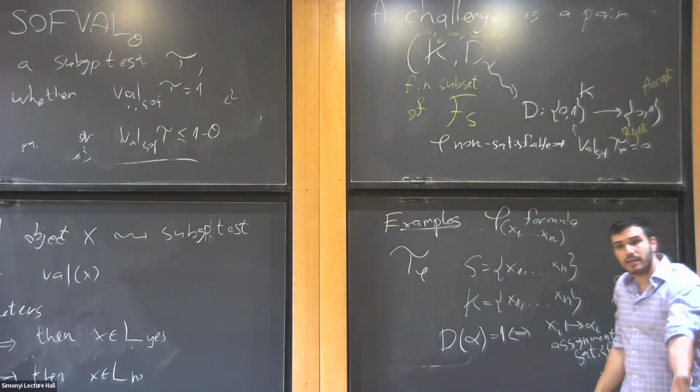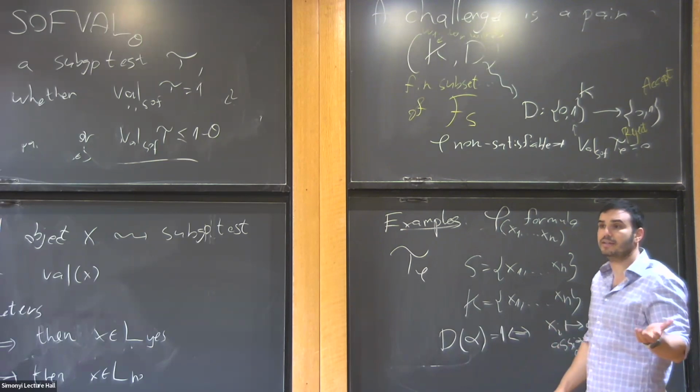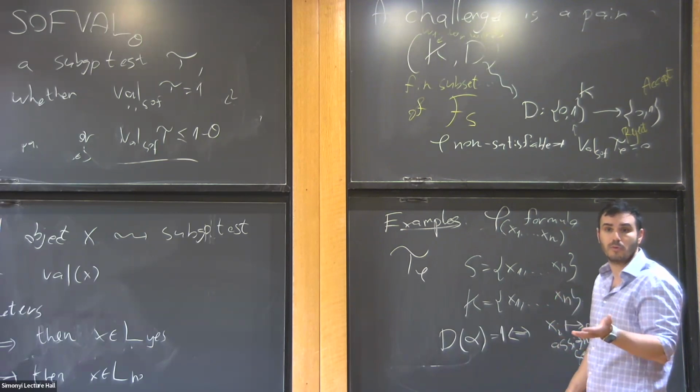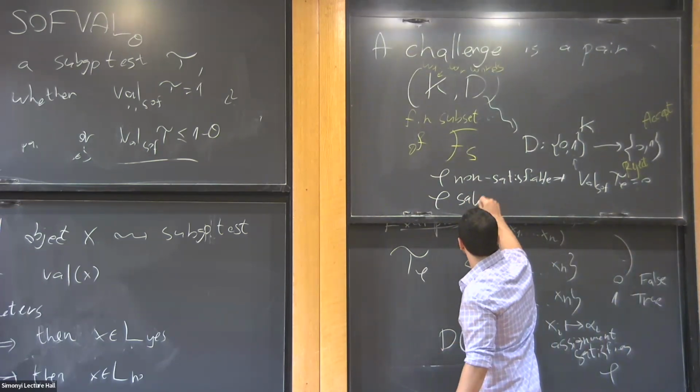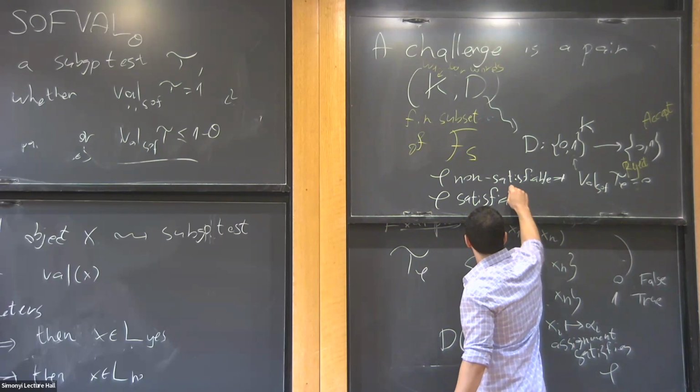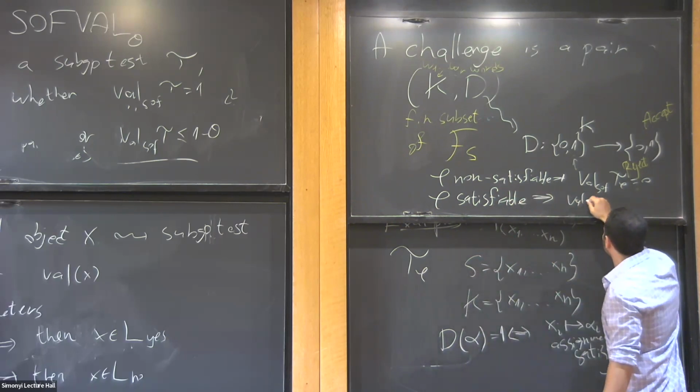Now, maybe it's not that clear, but I claim that when phi is satisfiable, you can find an IRS that wins with perfect probability. So I claim that if phi is satisfiable, then the sofic value is 1.